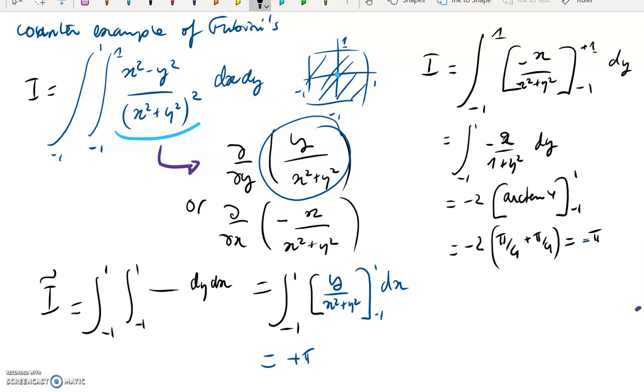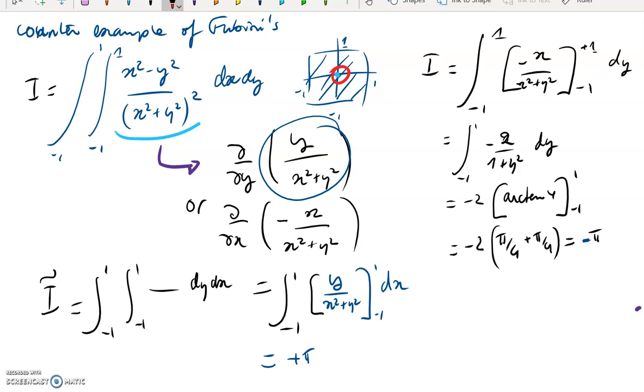Here we had a function that seemed quite okay on a very nice square, and the results were opposite depending on whether we integrated with respect to x first or to y first. What was to blame here? The function is not continuous somewhere in the middle of that domain, at the point (0, 0).